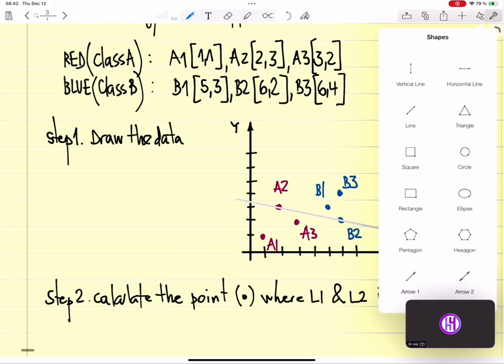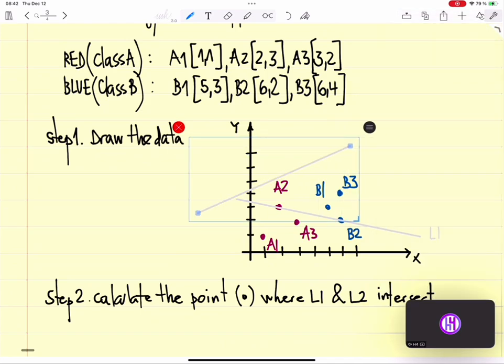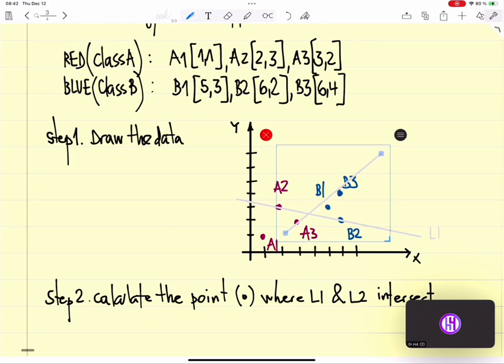And L2 goes through, let's say, A3 and B1, I guess. I guess my painting is not so good. 3, 5, 3, and then 6, 4.